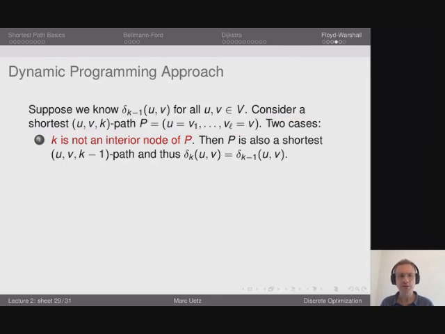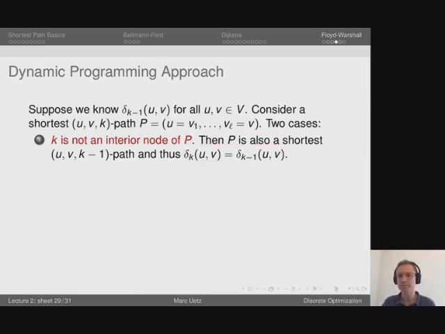Now, there are two cases that can show up. Either k is not an interior point of this path, which means that the shortest path, when I allow interior nodes 1 up to k, simply doesn't need node k, and therefore delta k would just be equal to delta k minus 1.